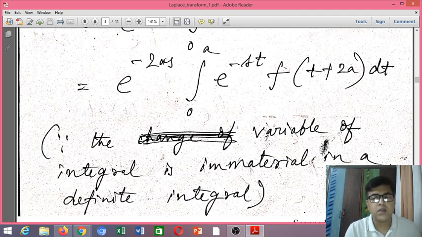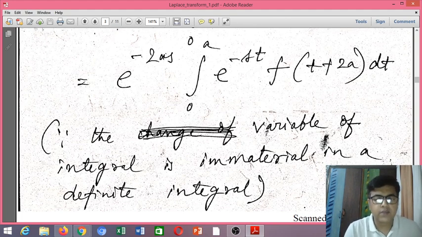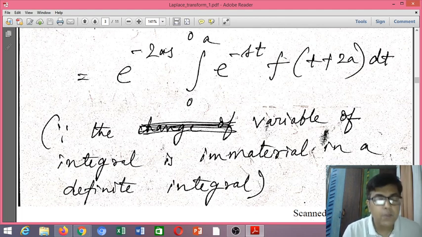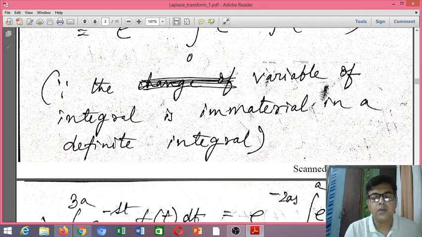One thing is clear: since f(t) is a periodic function, I can replace f(t plus 2a) by f(t).